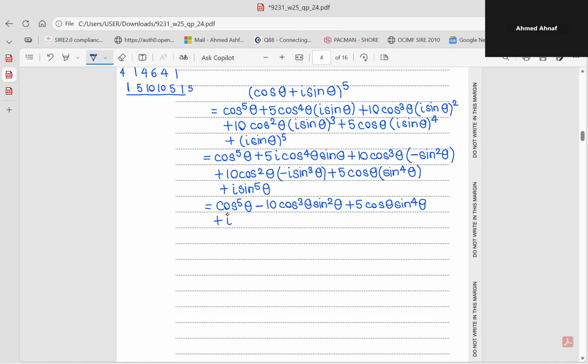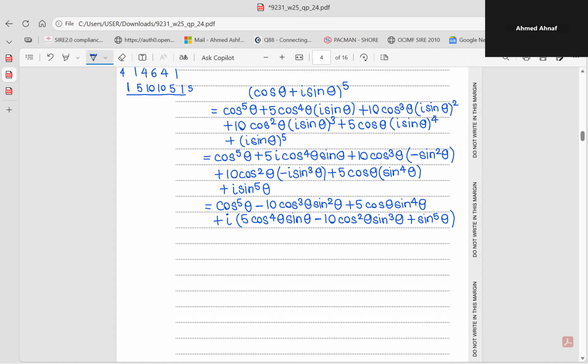Now let's group all the imaginary terms with i. So i times 5 cos to the power 4 theta sine theta minus 10 cos square theta sine cube theta plus sine theta to the power 5. Yeah, so this is it.